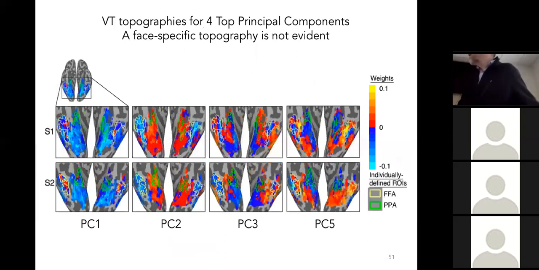Now this says, okay, so these things exist in the common model space. If you find the right vector for a polar angle map, or the right vector for face versus object contrast, it does a very good job predicting the idiosyncratic topographies for those contrasts in individual brains.